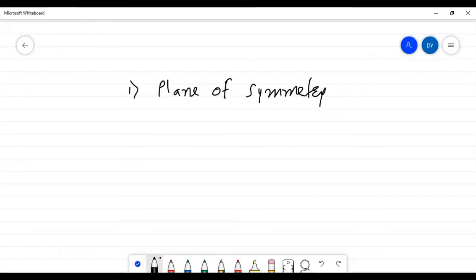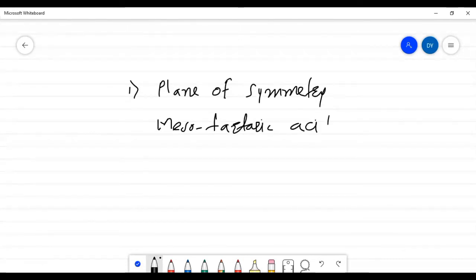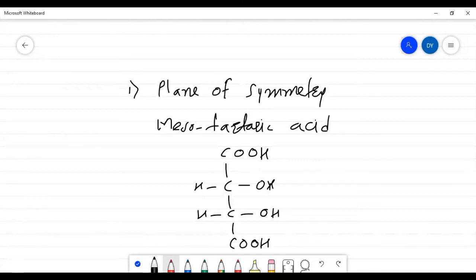We take the example of mesotartaric acid. I draw its structure. It contains two chiral carbons. This is the first one and this is the second one.